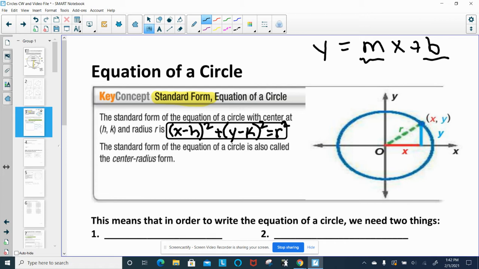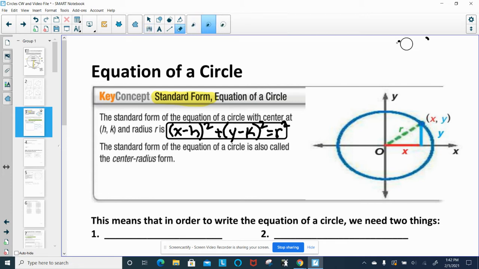And the b was the y-intercept. So it had these parameters that can change depending on the line. Well, this is a circle, but it does have some similarities.